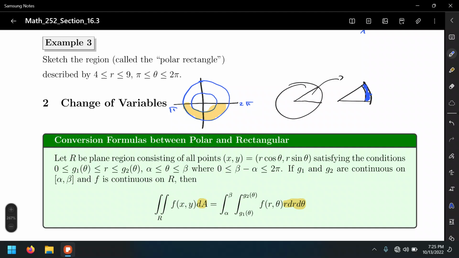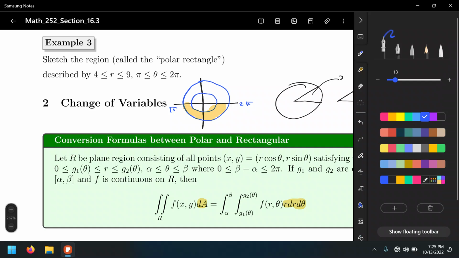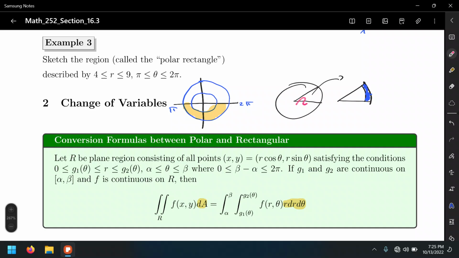So what we're doing essentially here is to get a portion of a disk, so not even the whole disk, it's actually a sector of a disk. Now, recall that these points in the polar system depend on some radius r, right? So from the origin to the outermost point in the circle, that's r.